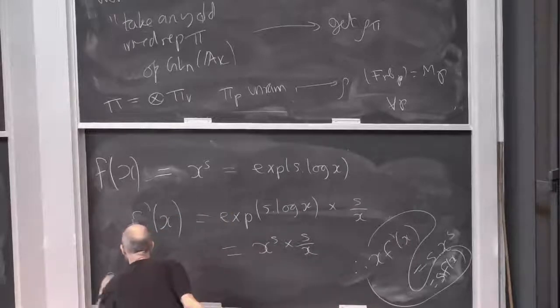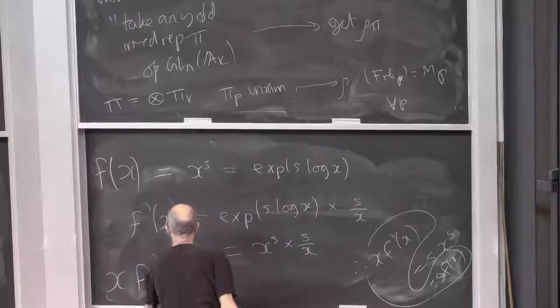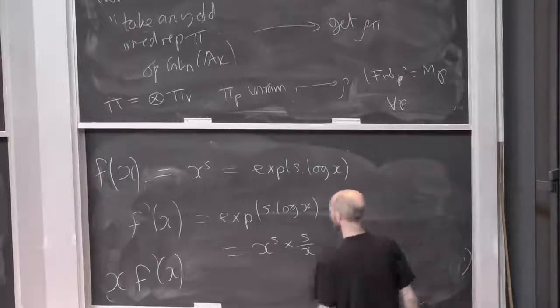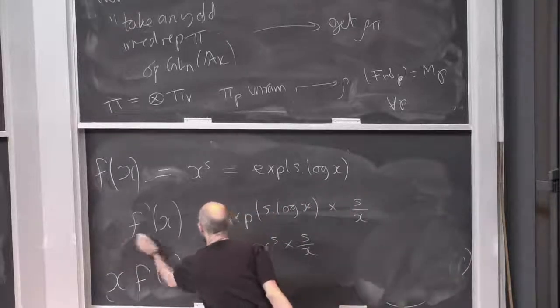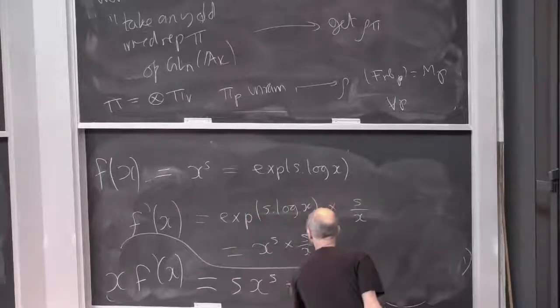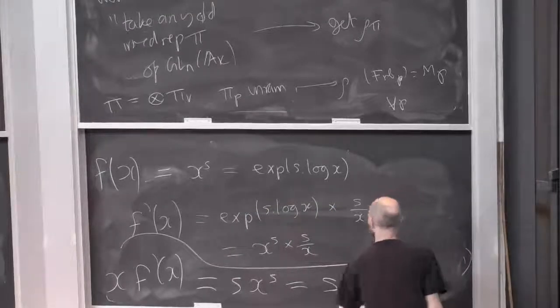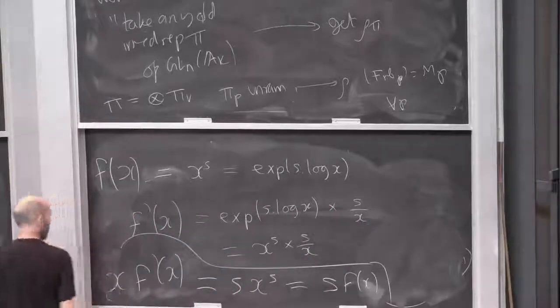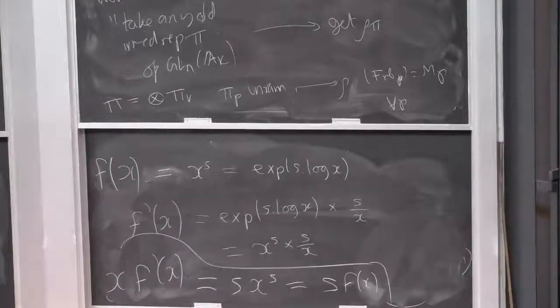So x times f dash of x equals s times x to the s, and that equals s times f of x. Is that right? Great. So it satisfies some differential equation.